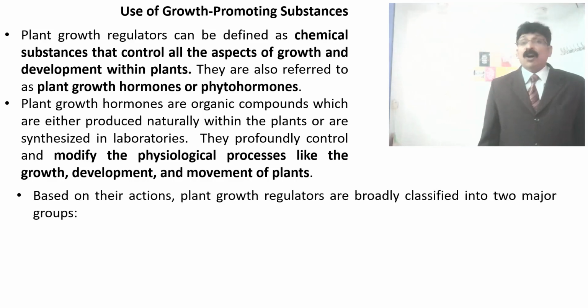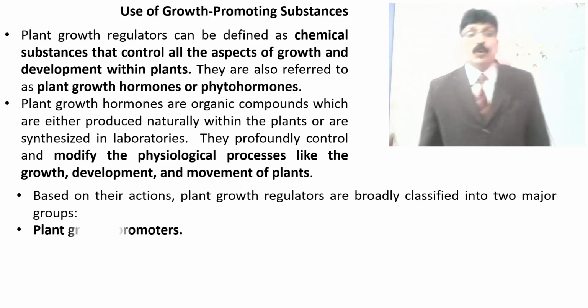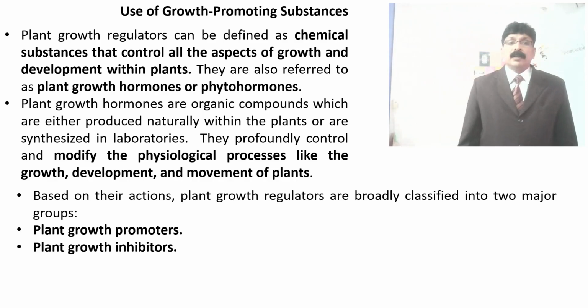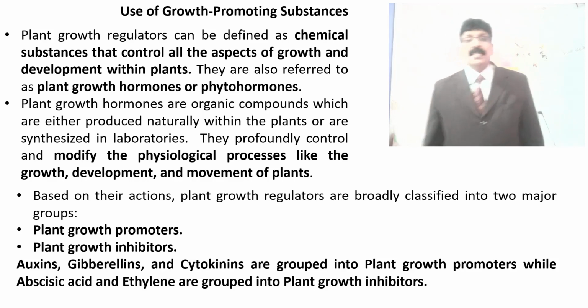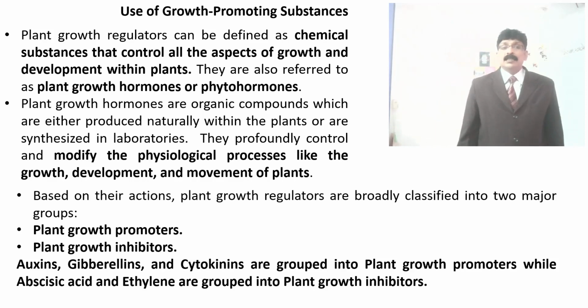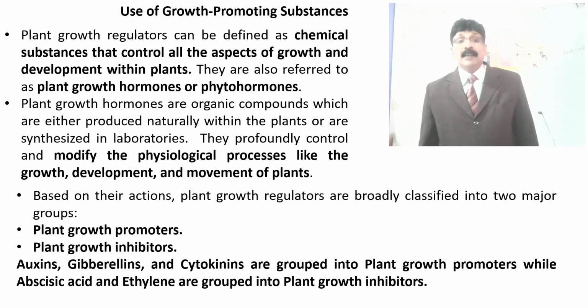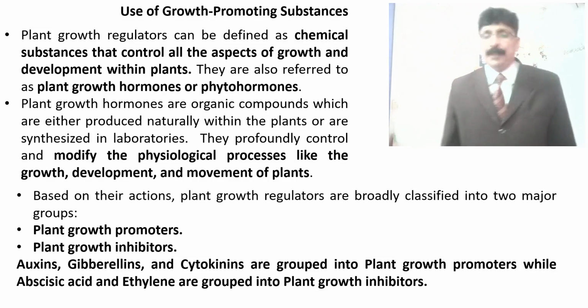Based on their action, plant growth regulators are broadly classified into two major groups: plant growth promoters and plant growth inhibitors. Auxins, gibberellins and cytokinins are grouped into plant growth promoters, while abscisic acid and ethylene gas are grouped into plant growth inhibitors.